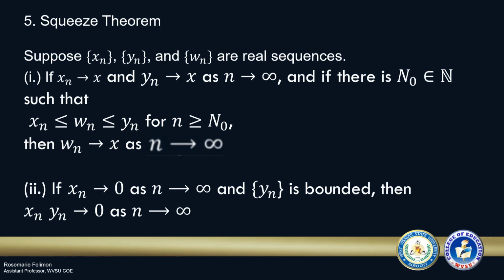In other words, the sequence w sub n is being squeezed by the sequences x sub n and y sub n. And so the limit of the sequence w sub n will also be the same as the limit of the other two sequences.